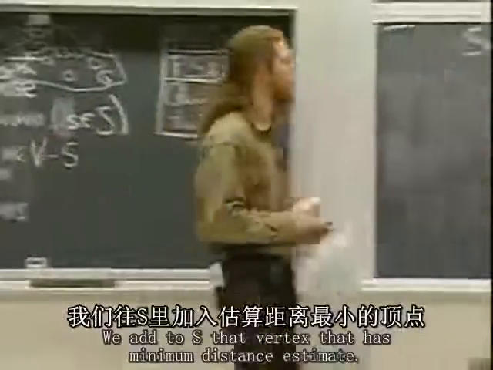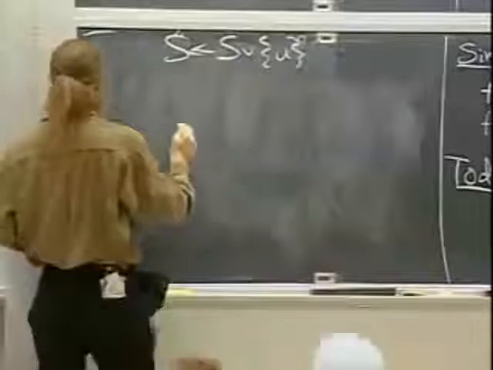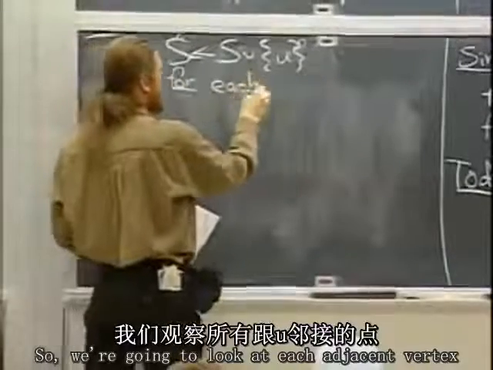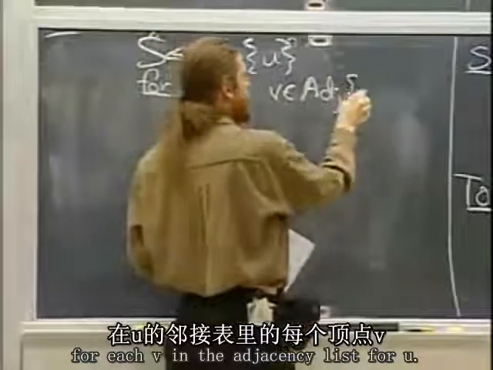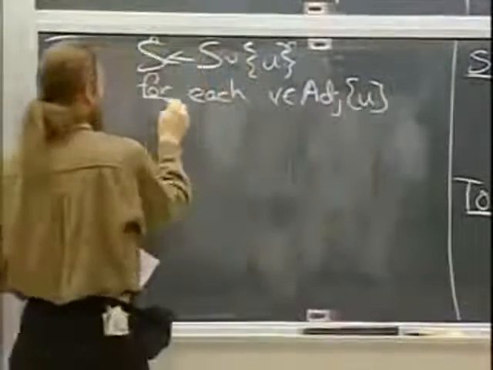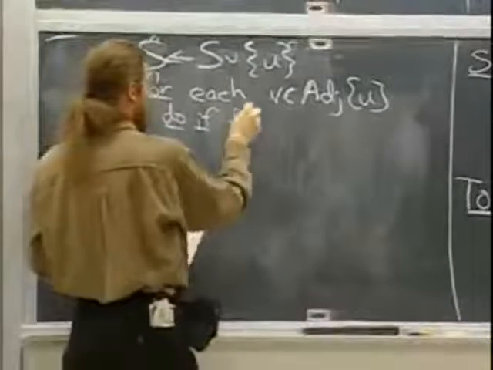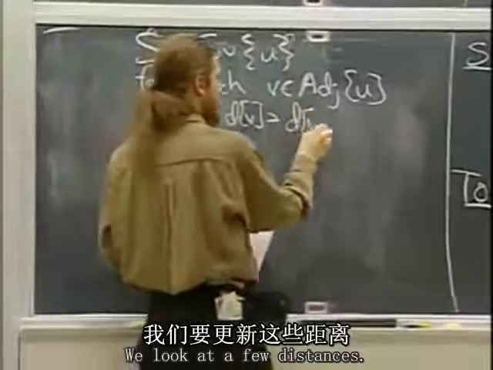We add to S that vertex that has minimum distance estimate. And now we need to update the distances. So we're going to look at each adjacent vertex, for each v in the adjacency list for u. We look at a few distances.